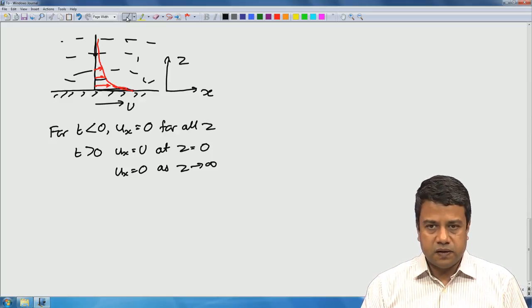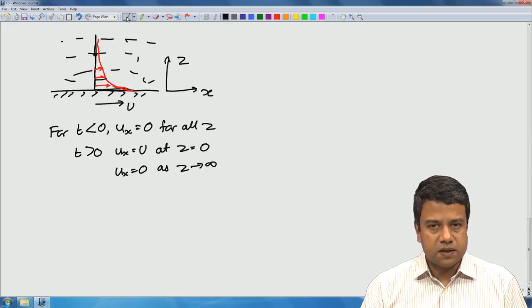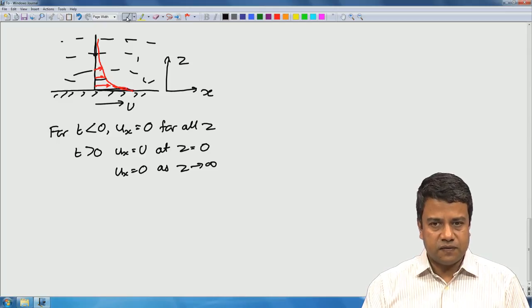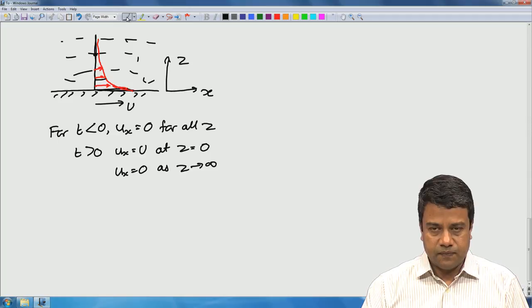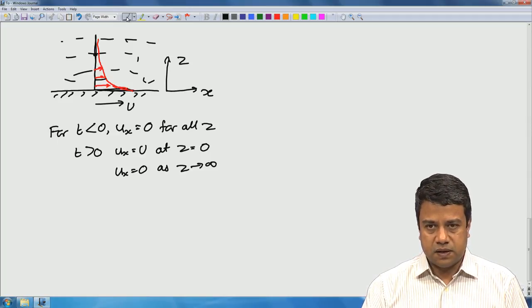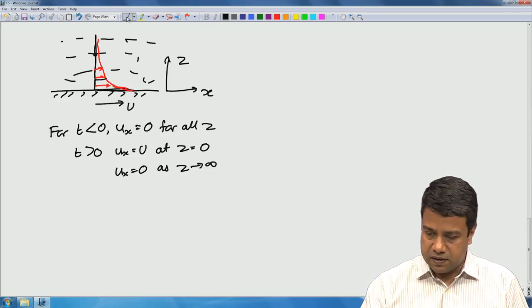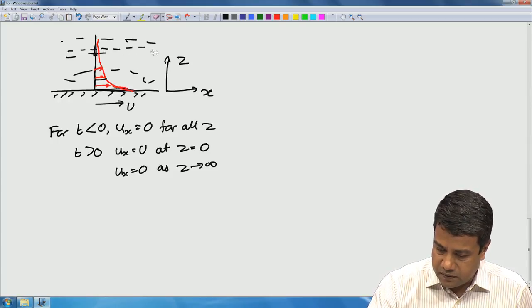Now, the balance law in this case is usually written slightly differently. I will use a slightly different formulation of the balance law, which is basically Newton's law. Rate of change of momentum is equal to sum of applied forces. So, that is the balance law in this case.